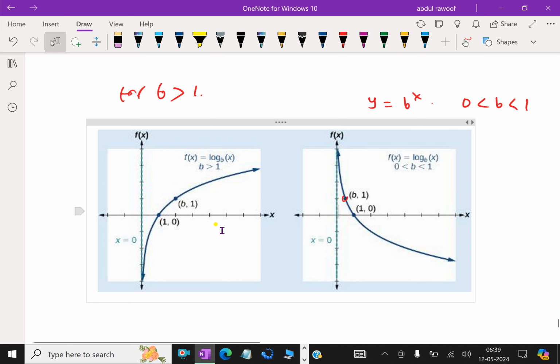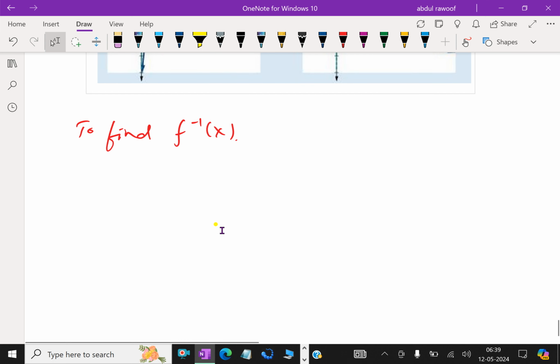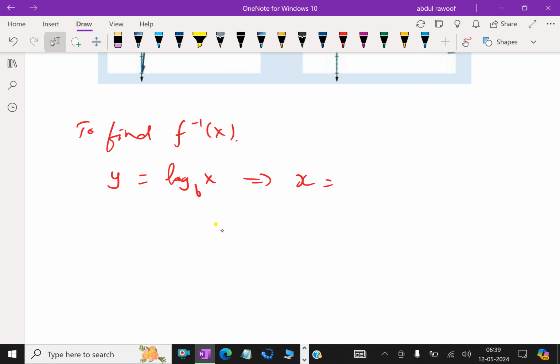Now let us find the inverse of f(x). Then y equal to log base b x, which gives x equal to b power y.